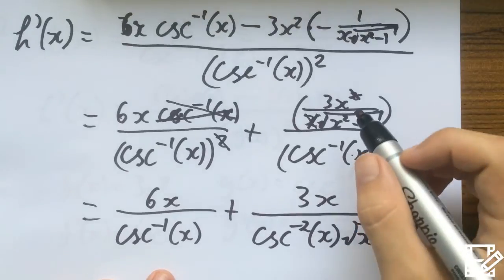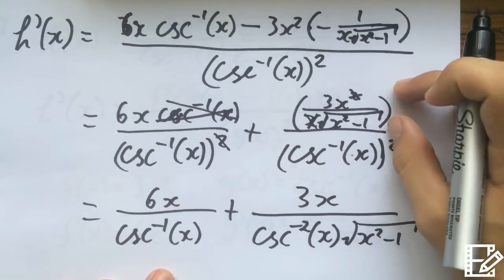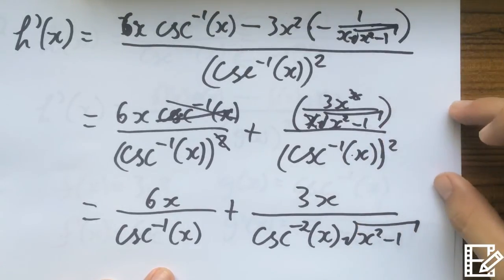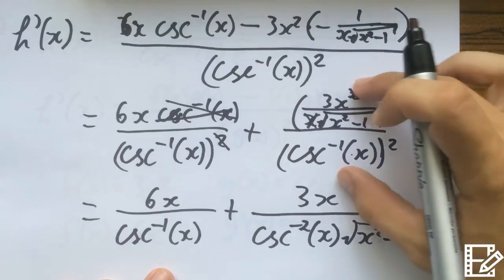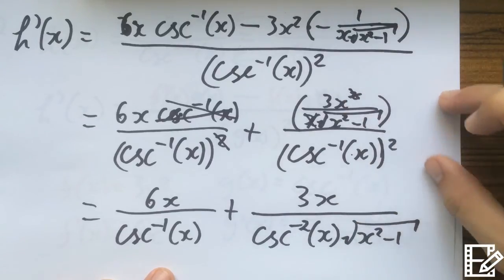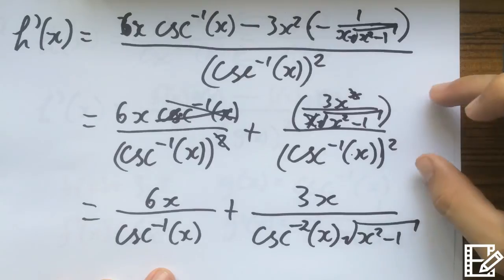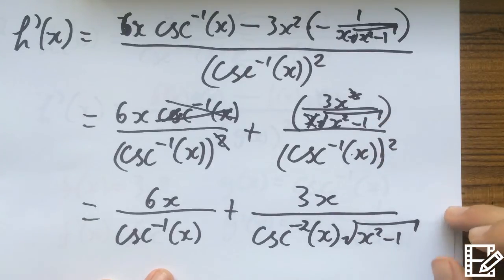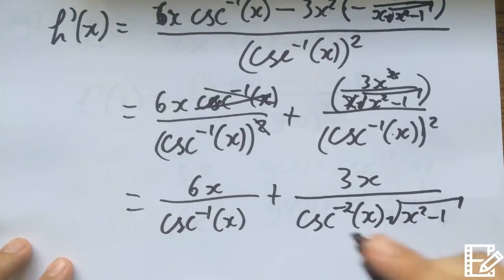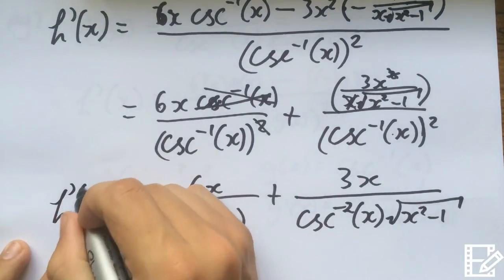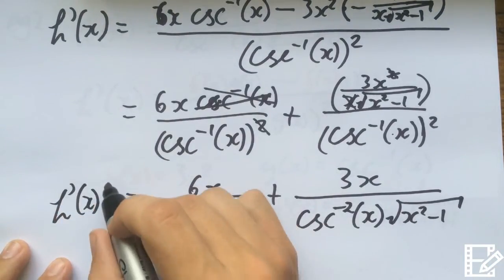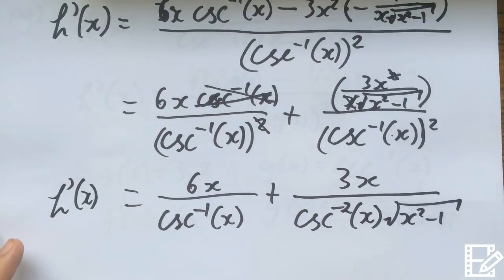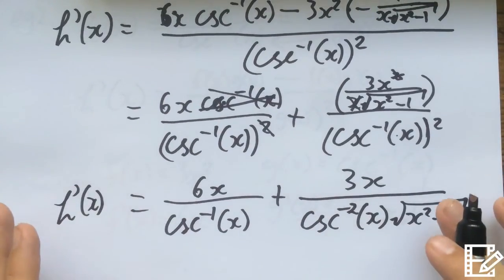And we have, this is multiplied on. Essentially, we can multiply it out and then multiply it back in. That way, we'd multiply the 3x on the top and the square root of x squared minus 1 on the bottom, which is what we did. Okay? And there's no more to simplify.